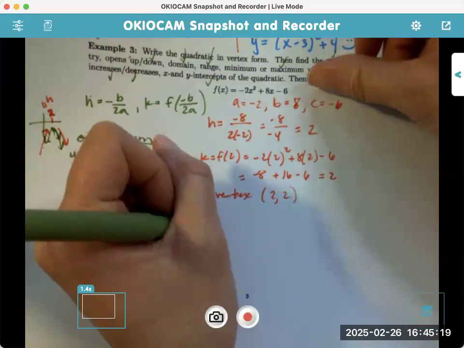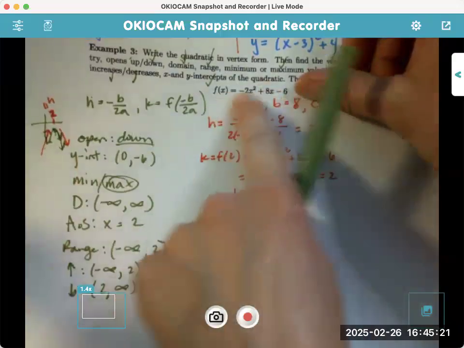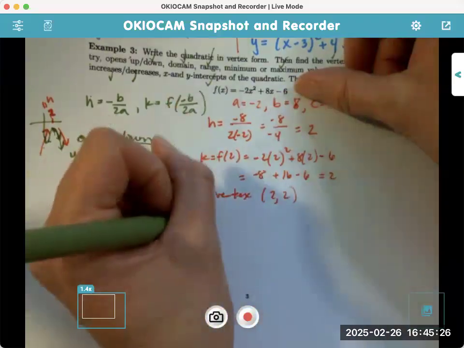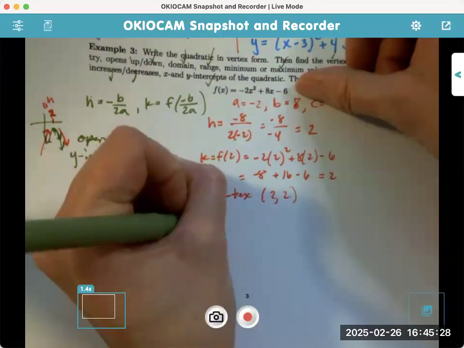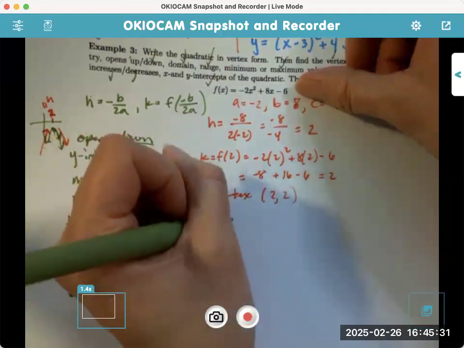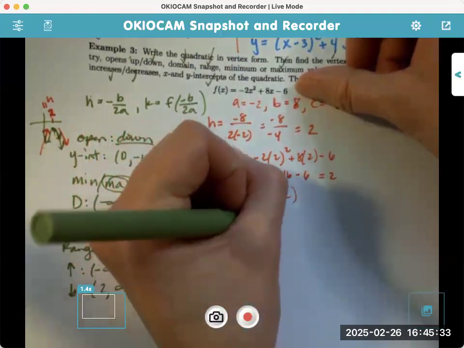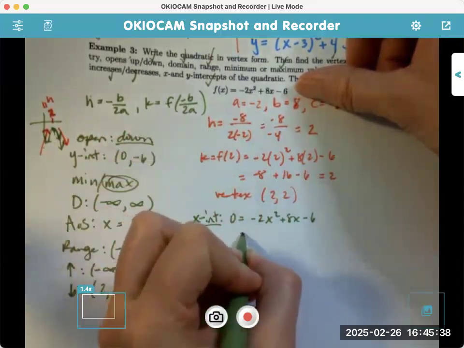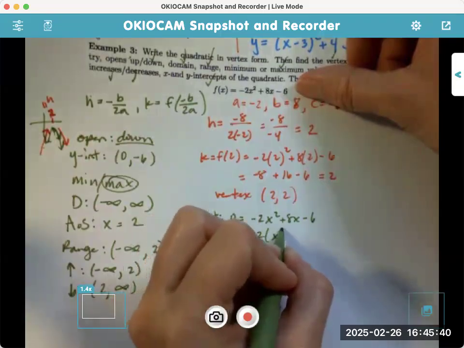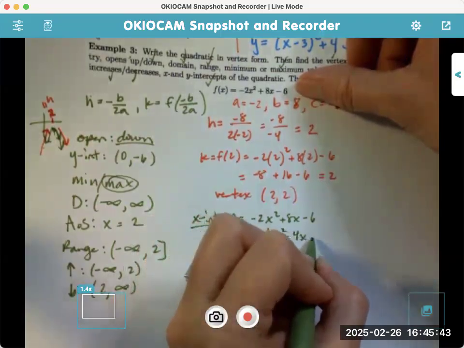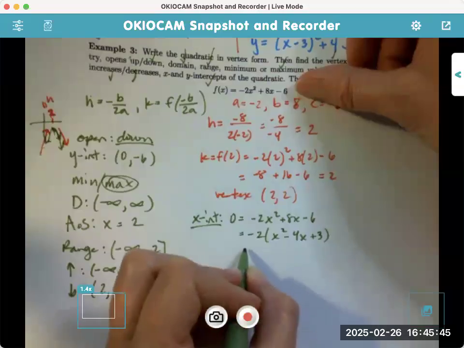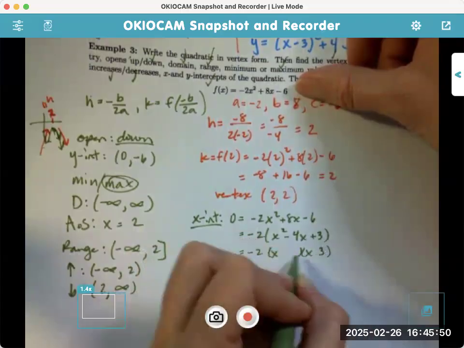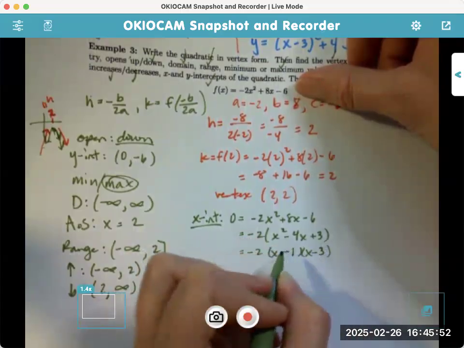Last but not least is the x-intercept. I'm actually going to try to do this from the original equation as well. So if I have the x-intercept, remember y is always 0, so that's 0 equals negative 2x squared plus 8x minus 6. If I factor out a negative 2, that's x squared minus 4x plus 3. So if we keep factoring, x and x, 3 and 1, yeah, perfect.